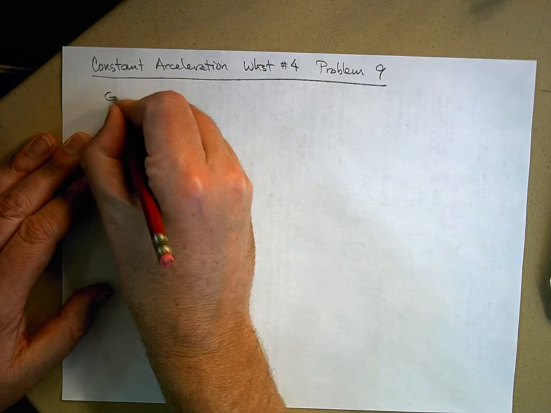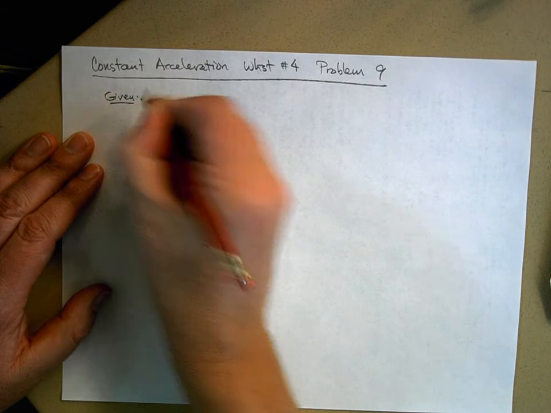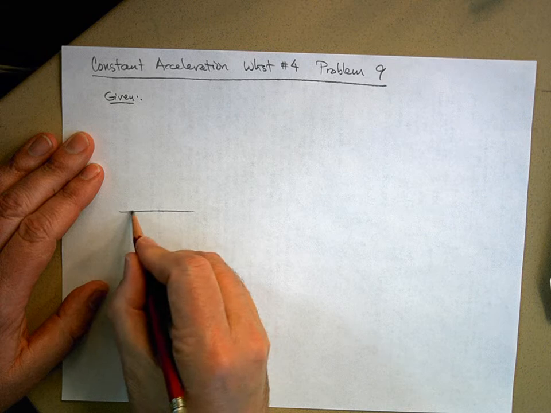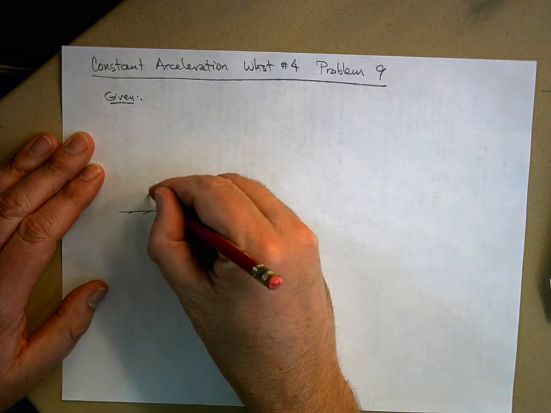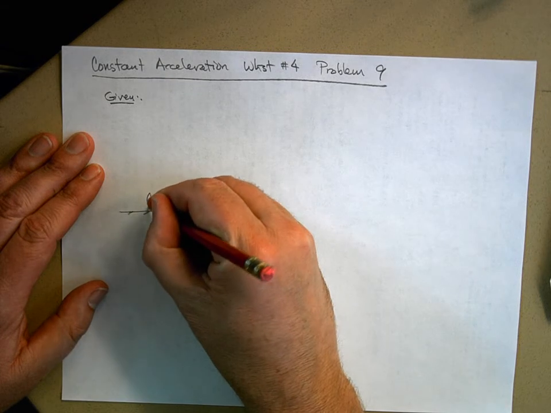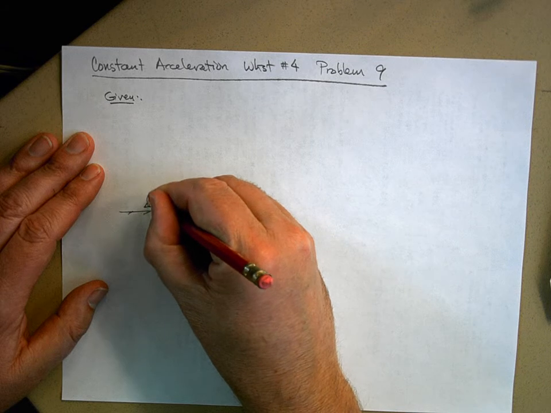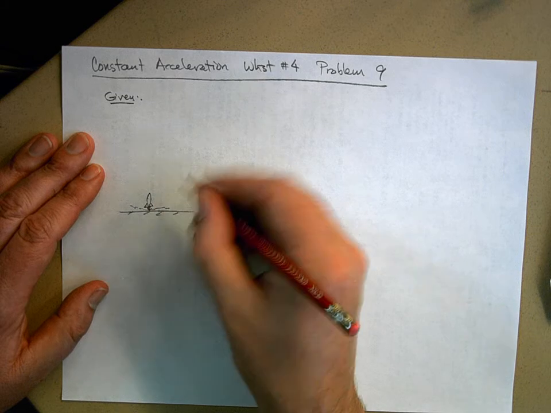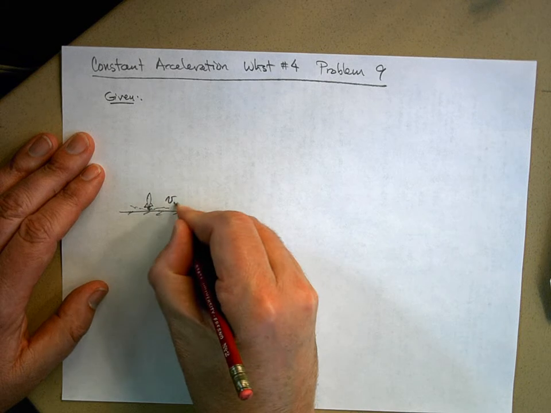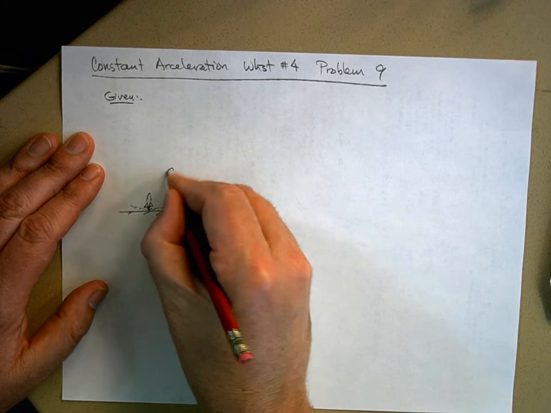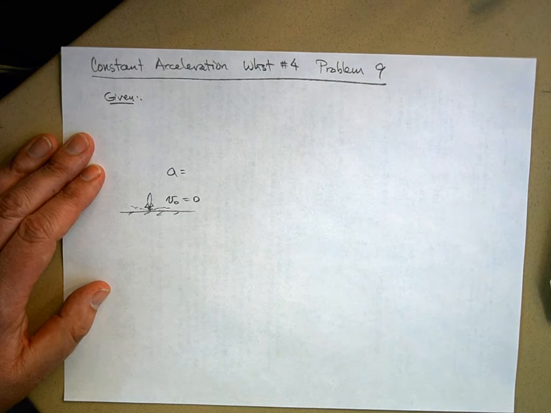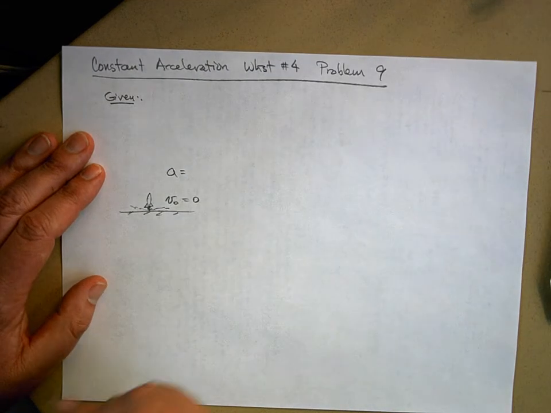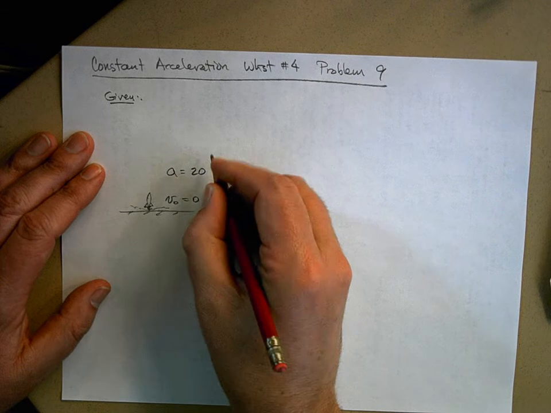So, given, we've got a rocket. Here's the launch pad. And it's blasting off. Its initial velocity is 0, but it's accelerating up at a rate of 20 meters per second every second. That's pretty good.